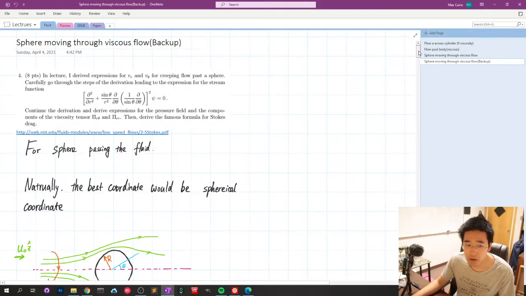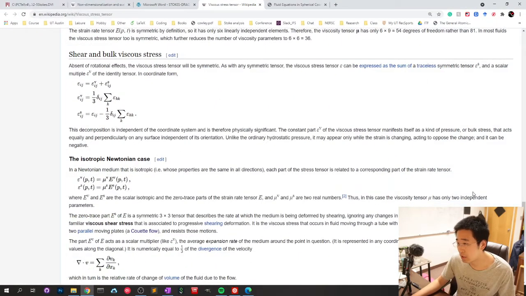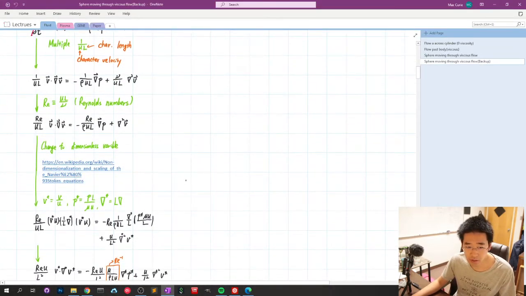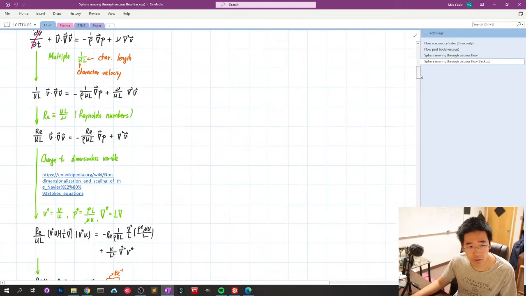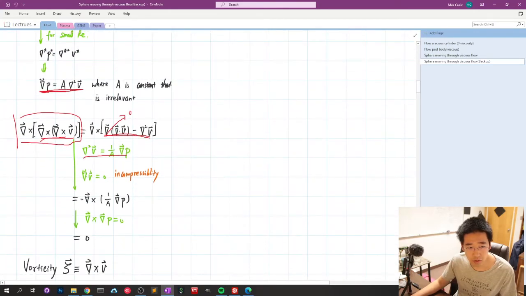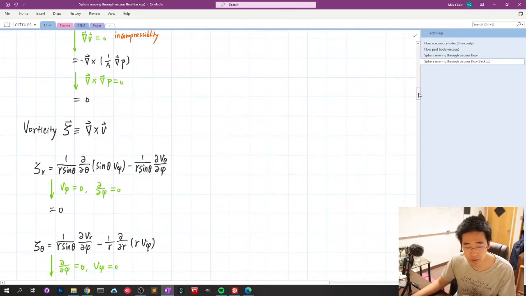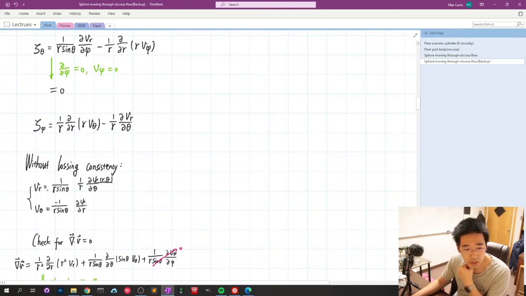To recap, we make a dimensionless Navier-Stokes equation, and you can check them on Wikipedia; everywhere it has a link, you can click on it. Then we do some algebra on the tensor analysis using some vector identities, and look at the vorticity. Without losing consistency, we define V r and V theta as such and plug them in.